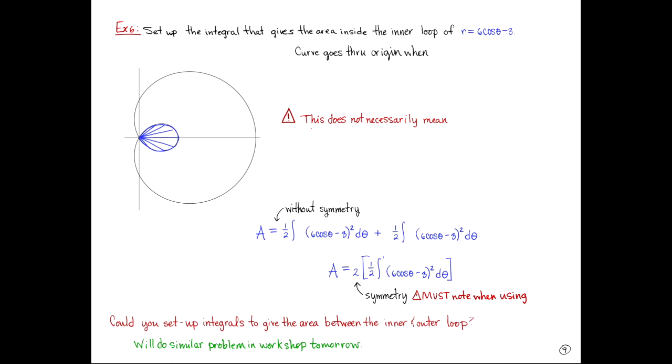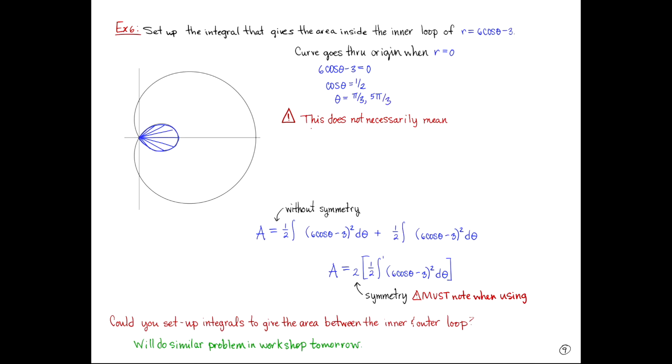We know that curves always go through the origin when r is equal to 0. Setting 6 cosine theta minus 3 equal to 0 gives us cosine theta equal to 1/2. Theta is equal to pi over 3 and 5 pi over 3.